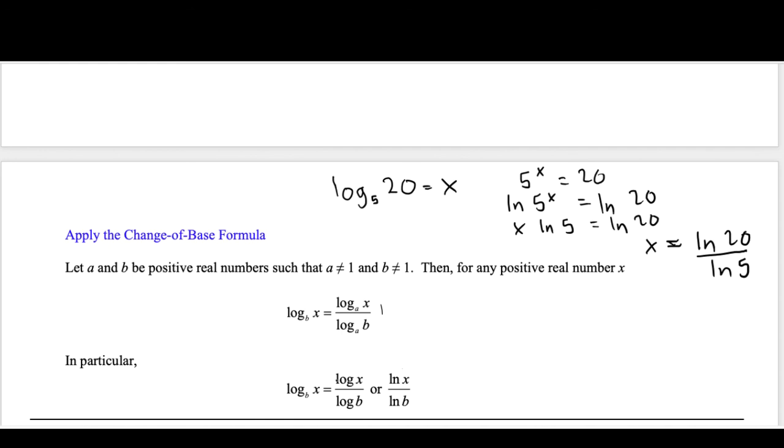So this is a really useful formula because it gives us the ability to use a scientific calculator to approximate the value of any logarithm, because I can rewrite it in terms of common or natural logarithms. Let's go over a couple of examples.